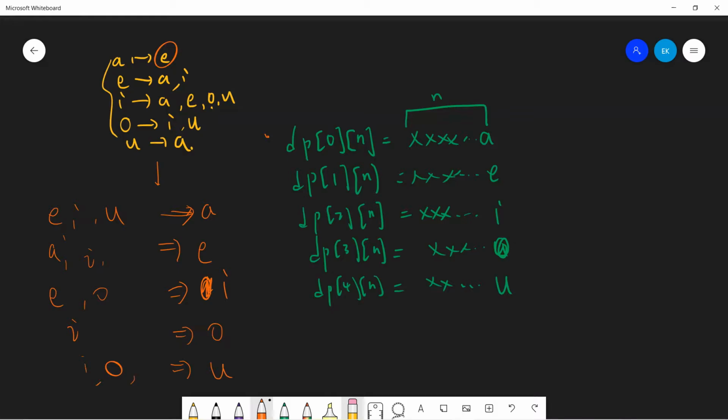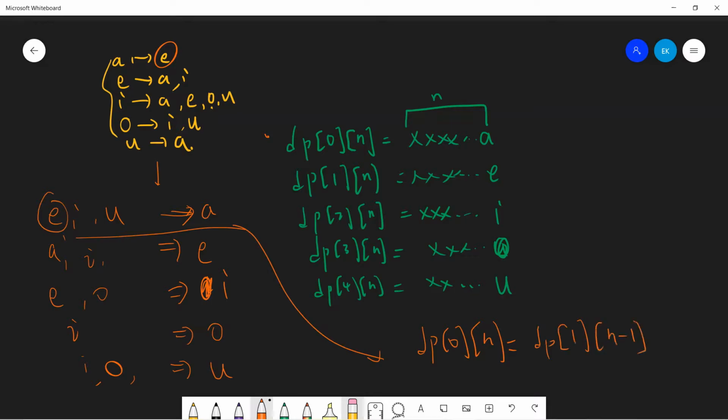So this tells you that dp0 of n can be written as dp1 of n minus 1 plus dp2 of n minus 1 plus dp4 of n minus 1.